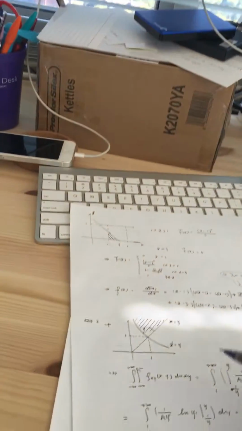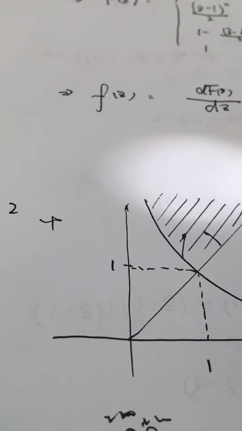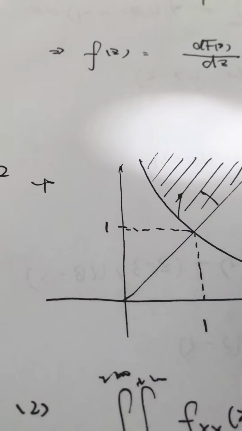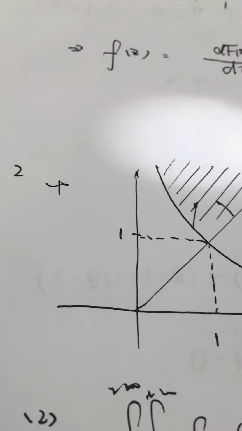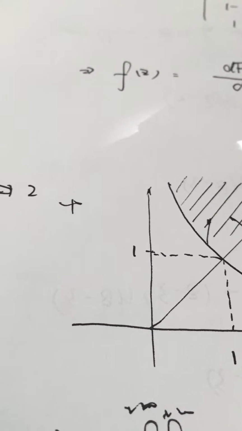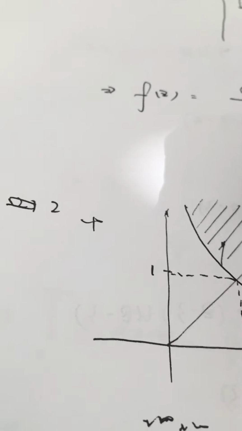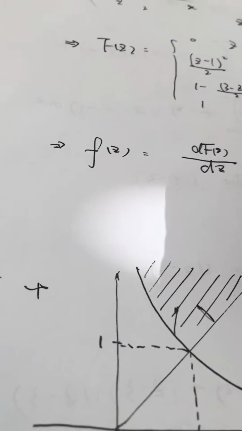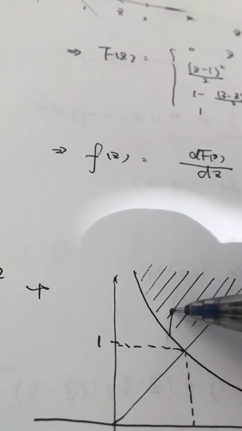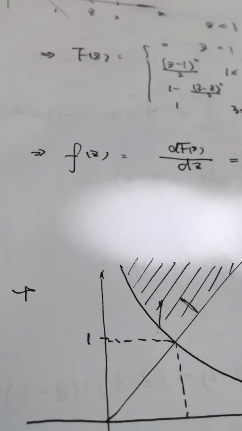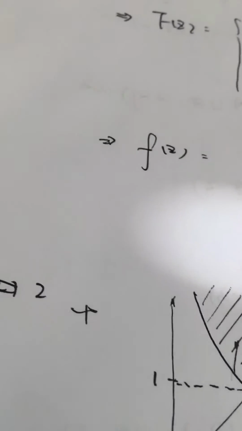We first draw the coordinate with the line x equals 1 over y, and this one is x equals y. Since x is less than y, it is the upper part here, and x is also greater than 1 over y, which means the upper part here. So the shaded region gives the non-zero definition region of f(x,y).